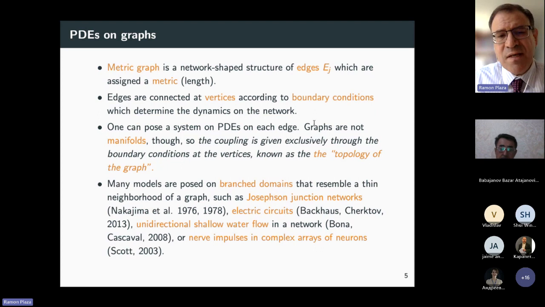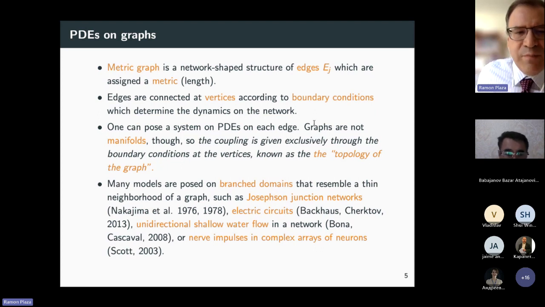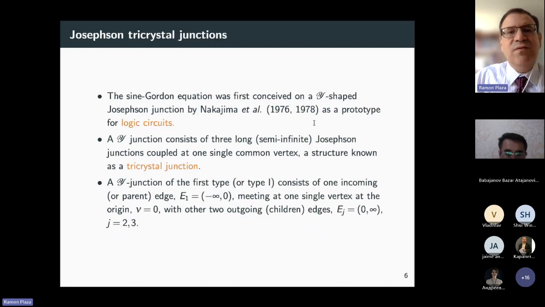In our case, the sine-Gordon equation has been posed on a graph in order to design Josephson junction networks. This is the work by Nakajima and collaborators in '76 and '78.